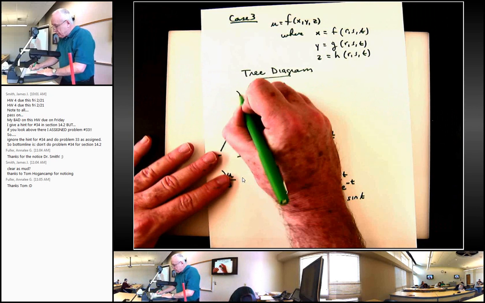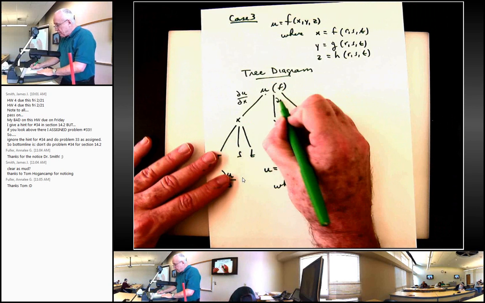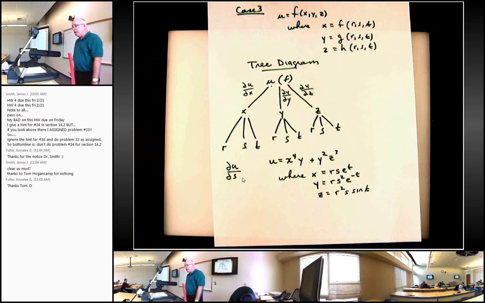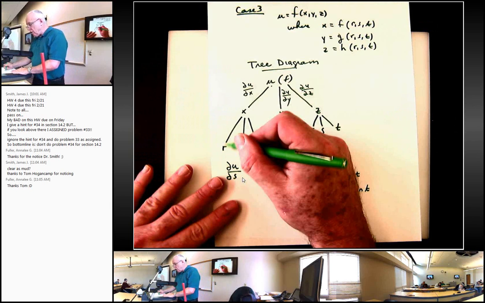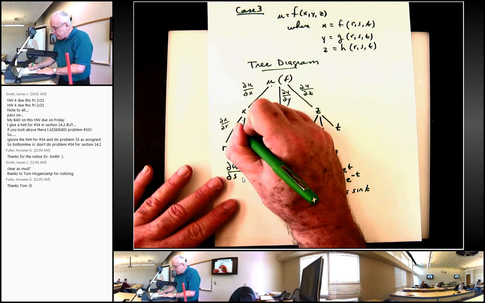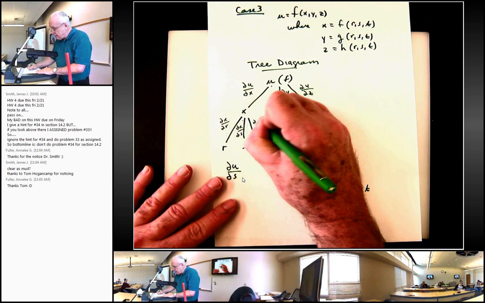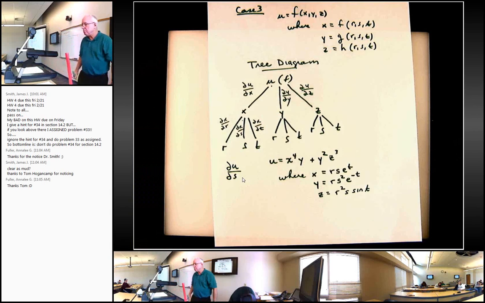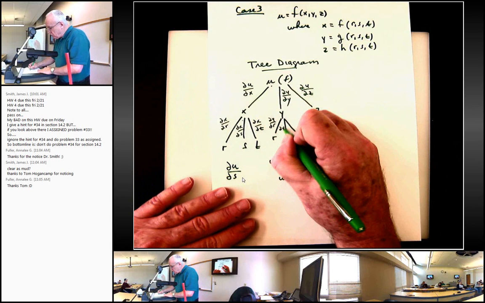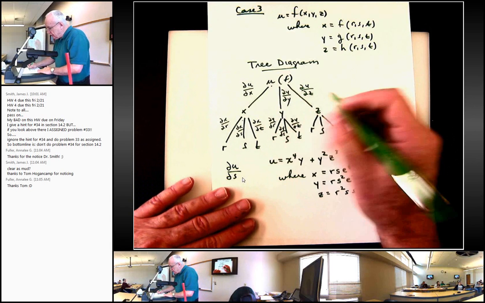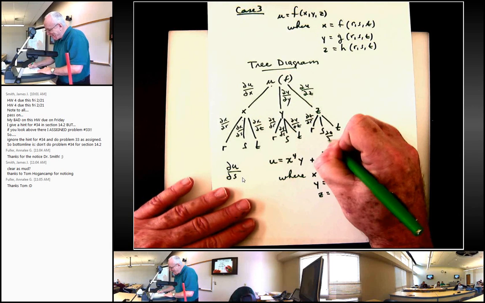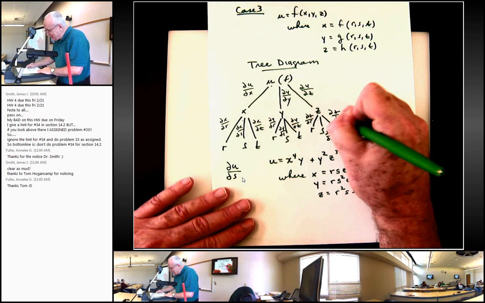This branch from U to X is delta U, delta X. The branch from U to Y is delta U, delta Y, and from U to Z, delta U, delta Z. And then along each one of these branches from X to R, X to S, X to T, we again have partial derivatives: delta X, delta R, delta X, delta S, delta X, delta T. The same thing for Y, delta Y, delta R, delta Y, delta S, delta Y, delta T, and for Z, delta Z, delta R, delta Z, delta S, delta Z, delta T.